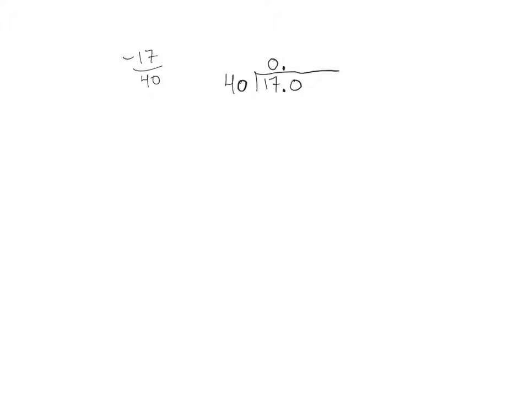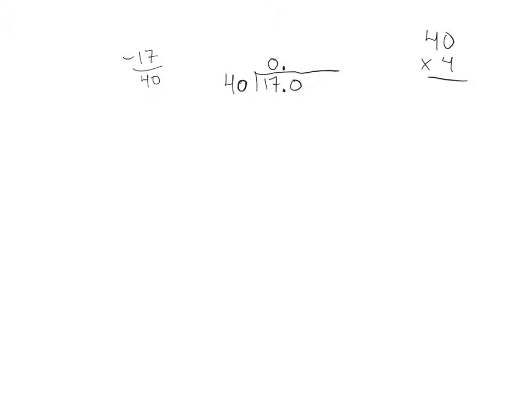Here's a trick for you. Maybe an easier question might be, how many times does 4 go into 17? That's probably an easier question. I say 4 because I know that 4 times 4 will give you 16, which is going to be really close to that.